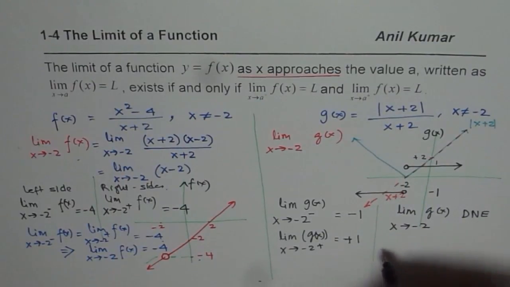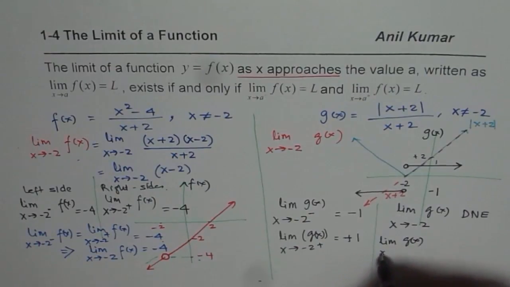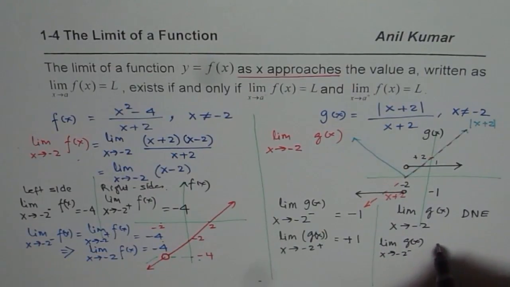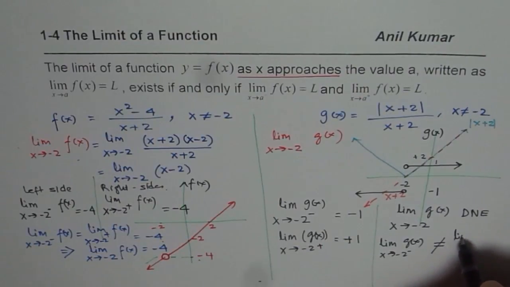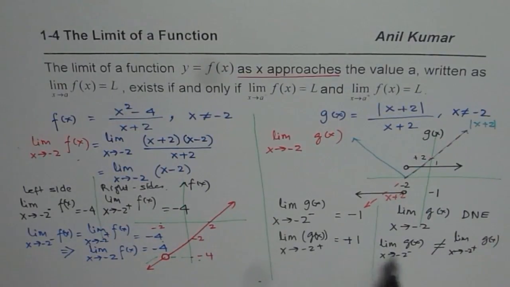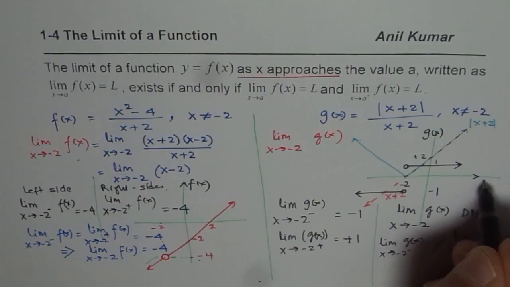The reason is that the limit from the left side, that is x approaching minus 2 from the negative side, is not equal to the limit as x approaches minus 2 from the positive side. So that is the reason. So that is how we justify that the limit does not exist, right? Even if you clearly see it from a graph, you need to justify, correct? So that is how you justify.